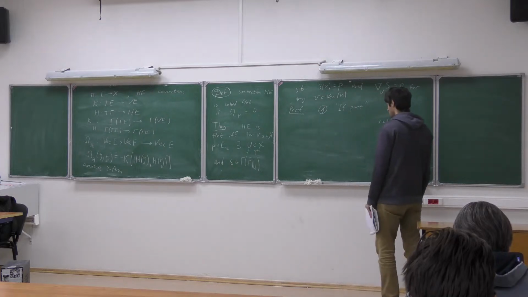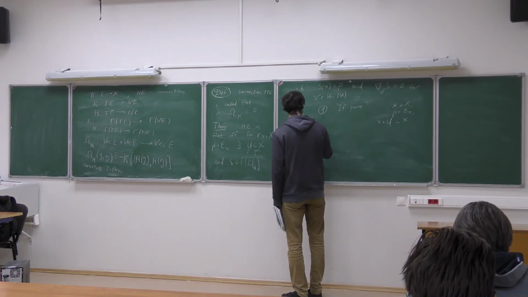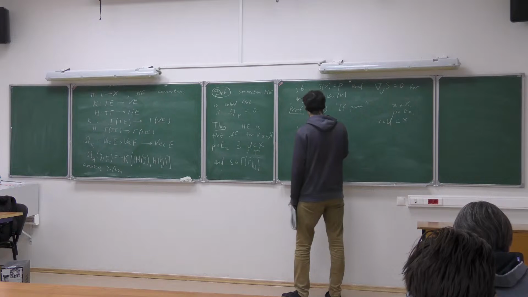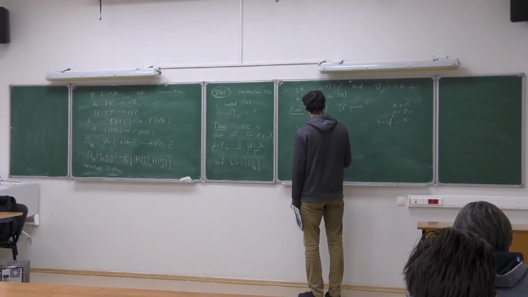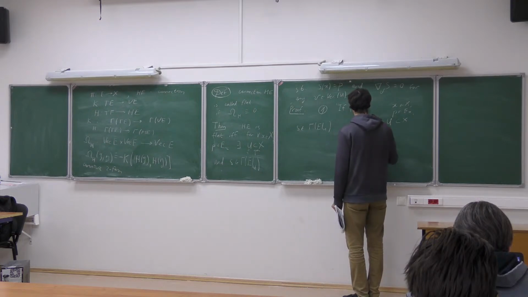I fix. So such U exists, and the section S is from gamma of E over U. And I know that nabla of S is 0.